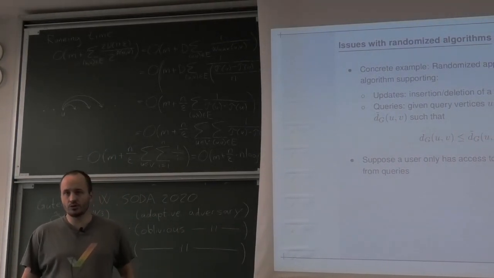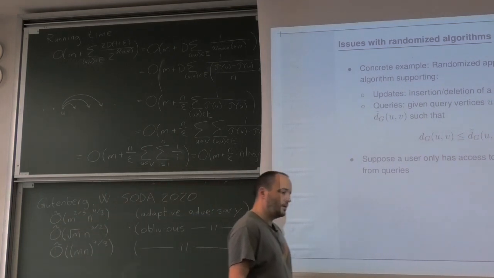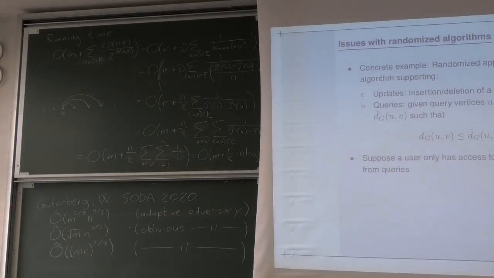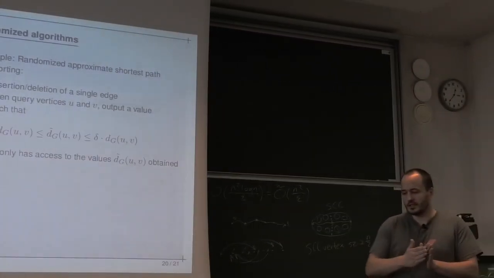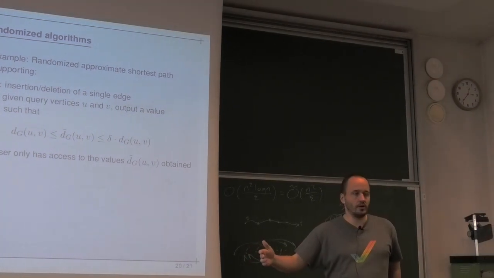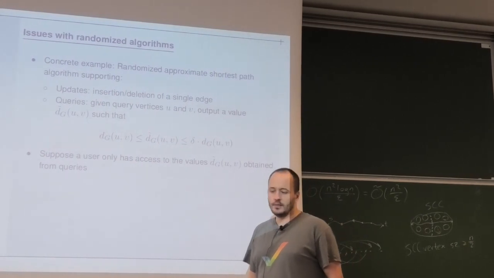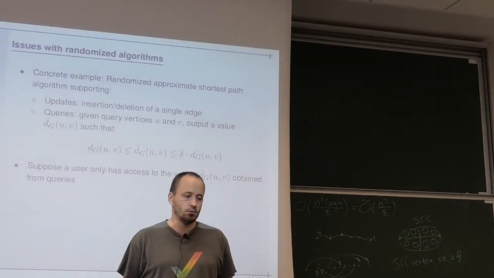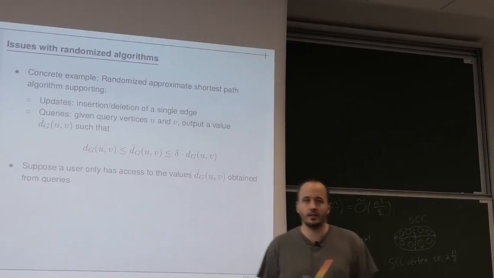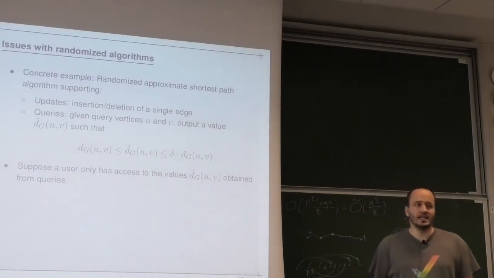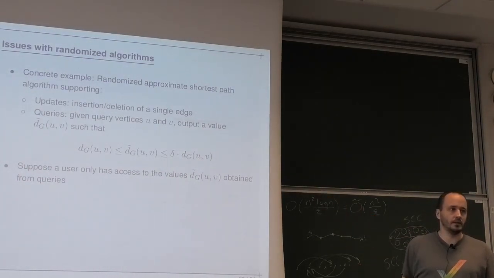But in that case, we're screwed anyway. The algorithm doesn't need to do anything correctly. But let's look at up until the point where the algorithm might fail, because that happens with very low probability. The sequence of updates up until that point, it just outputs the true distance matrix. And there's no information about random bits there, right? Even a deterministic algorithm would output exactly the same thing. So in the exact setting, an adversary cannot learn anything about the random bits.